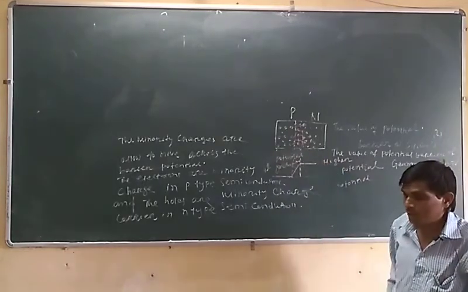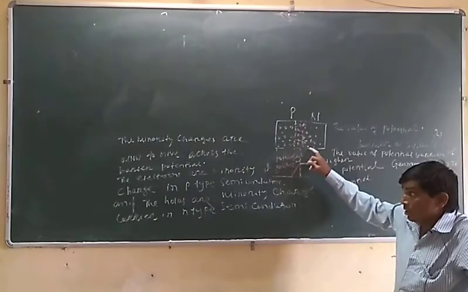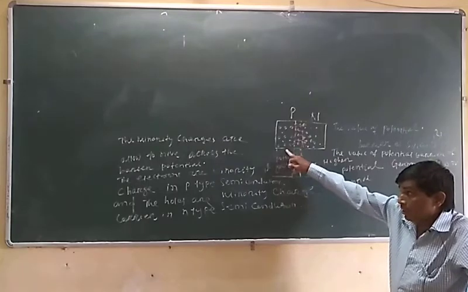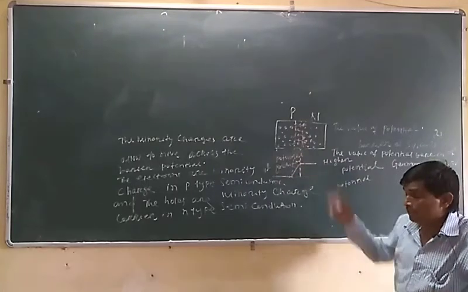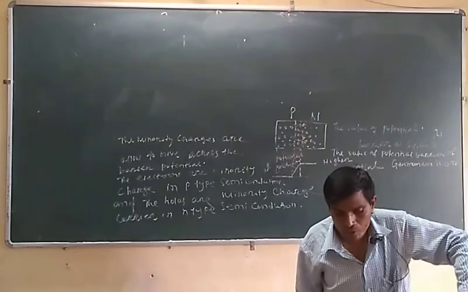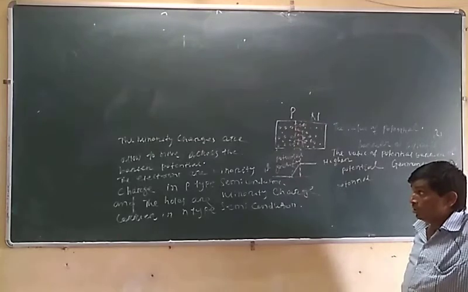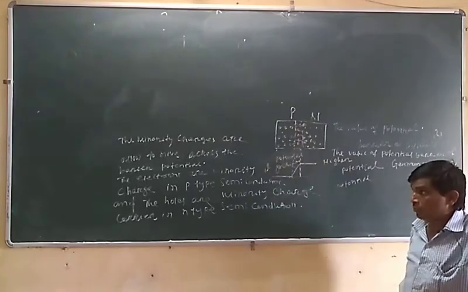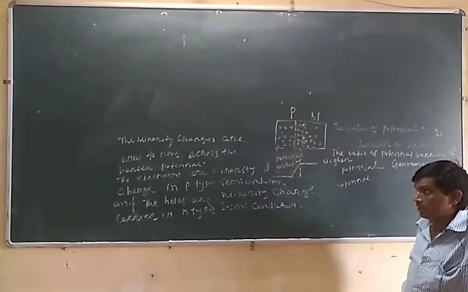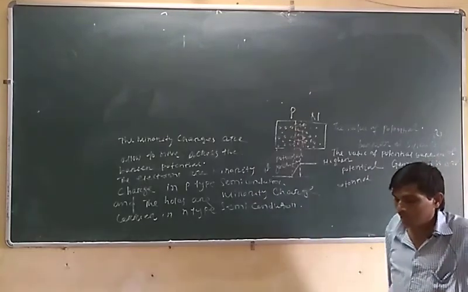This is the working of a p-n junction diode. After that, when we apply extra voltage or extra potential to the p-n junction diode, charge moves from one side to another side. Next we discuss biasing.